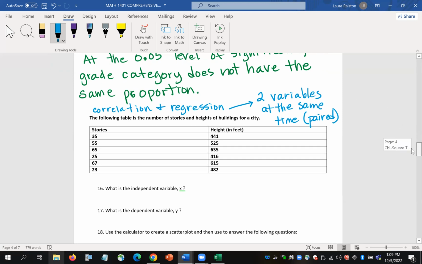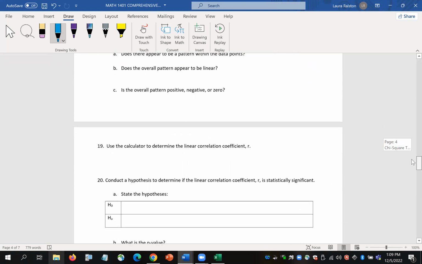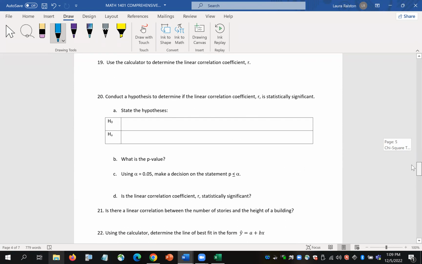I do want to point out one of the biggest errors that I saw on the test related to correlation and regression, which was identifying the p-value.